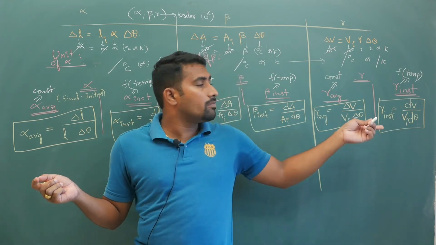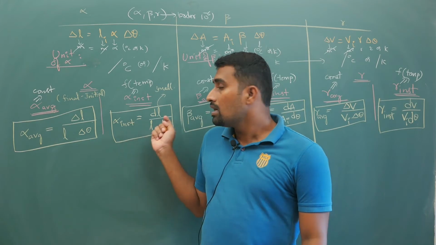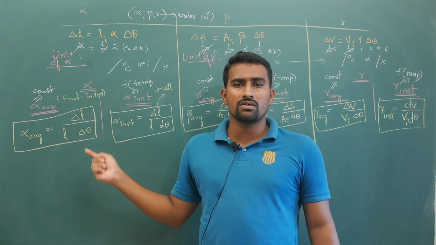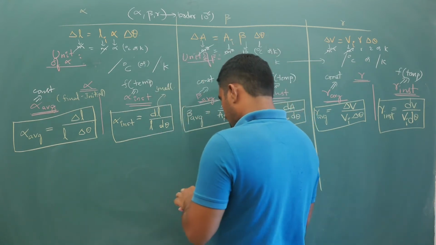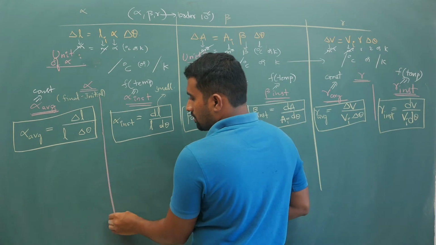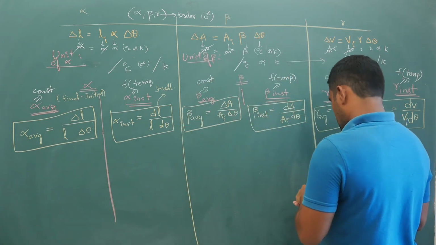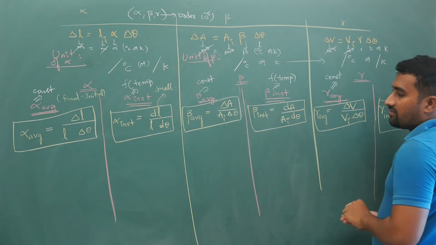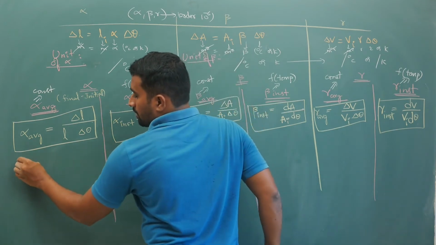Many books will simply give you only the average values and will not talk about the instantaneous definitions, but I am talking about them so that you will not get confused while solving problems. Now looking at this, if I divide this further here and here, I will write the final definitions. Here is the important point, observe carefully.